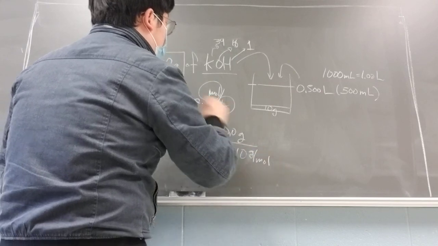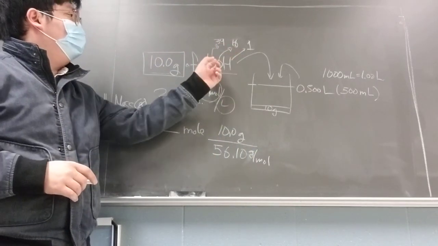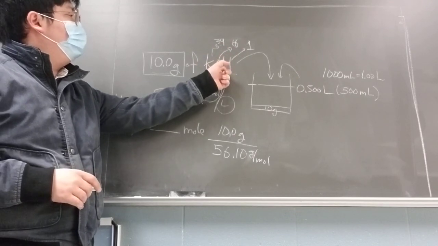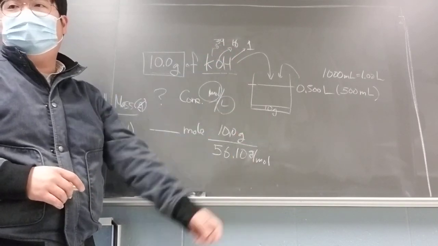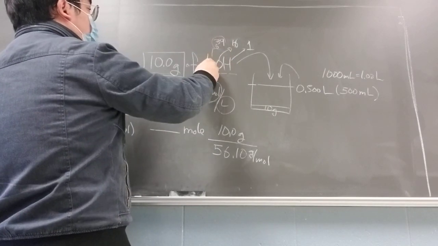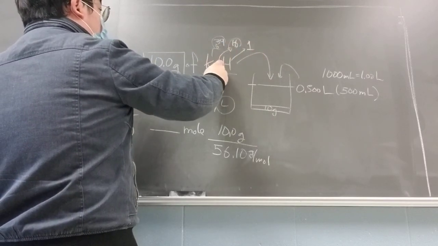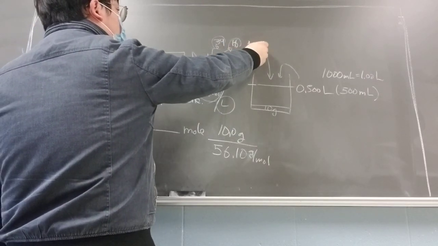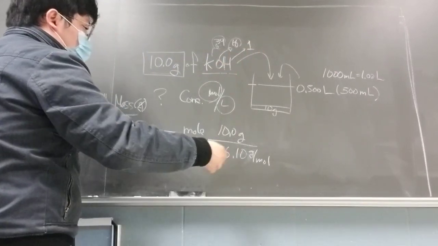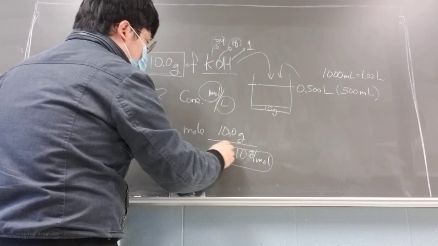Now you've got the formula weight. We simply add 39 for potassium, because we need 1 potassium, 1 oxygen, and 1 hydrogen in potassium hydroxide. We add 39 from the potassium, 16 from the oxygen, and 1 from the hydrogen. If you copy all the numbers from the periodic table and add them, you get the formula weight.